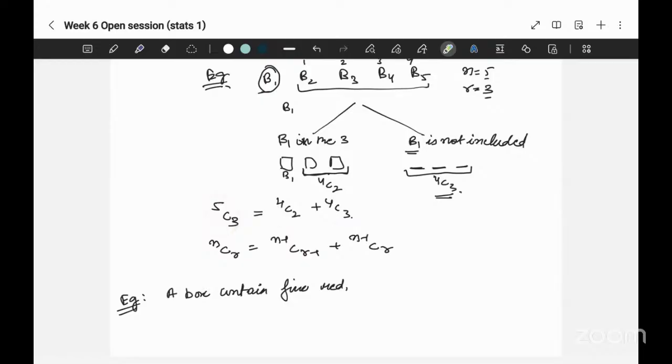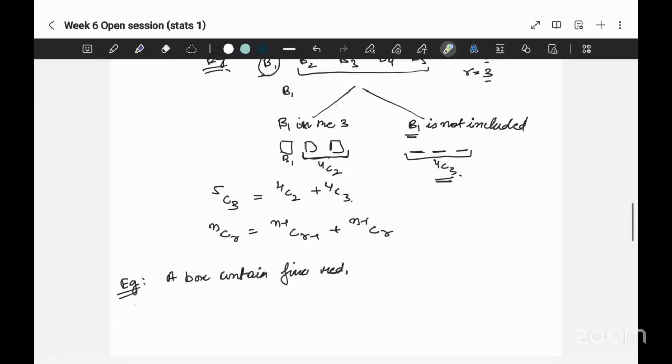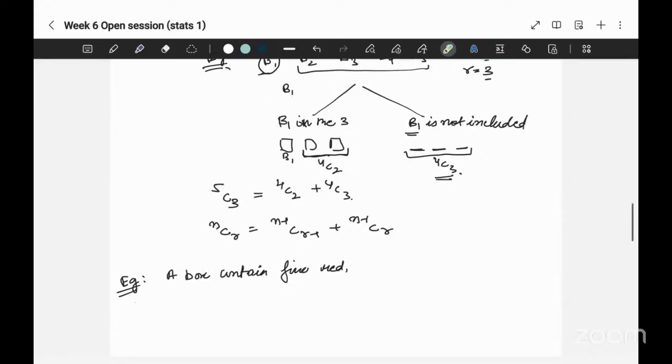5C3 is basically signifying selecting three objects from five objects, right? So these are the two ways that I can do it, right? Got the point? No, ma'am. Okay.